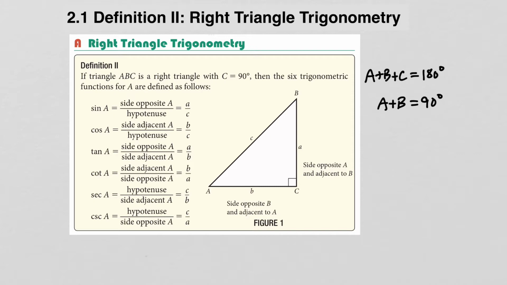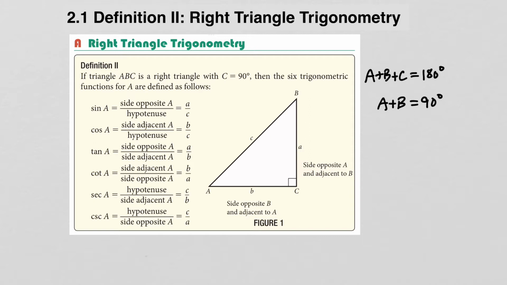And the acute angle that we focus on here is angle A. I want you to notice that with respect to angle A, side A is opposite angle A because it is across from angle A. Side B is next to angle A because it is touching angle A, and so we call it the adjacent side. And side C is what we always refer to as the hypotenuse.